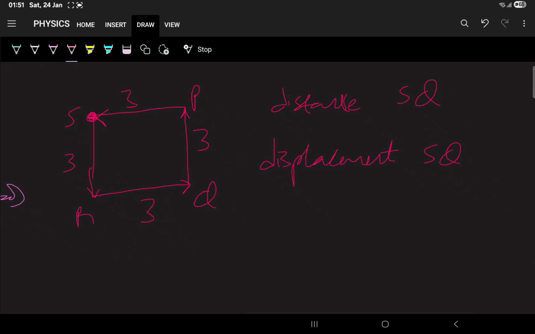Now to find the distance of SQ, it will be 3, that's the distance moving S to R, plus 3, the distance moving R to Q. That is a total of 6 units.